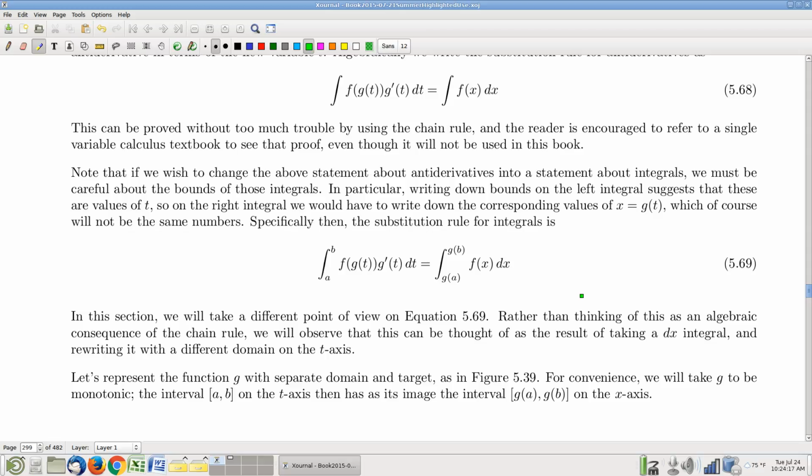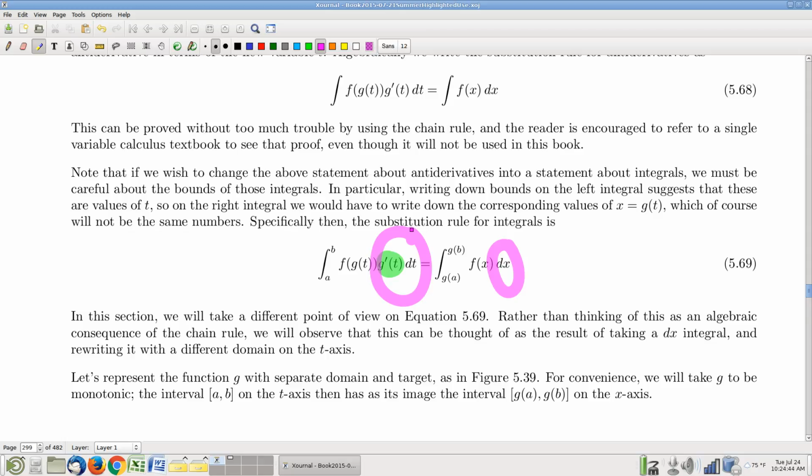Okay, so said differently, I can think of this g prime here as what I like to call a stretching factor. So I had this dx. I needed to rewrite dx in terms of dt. dx and dt are not the same size, right? I mean, absolutely, you can see it in the picture. I mean, g contorts and stretches things out. But the factor by which dt gets stretched out to make dx, that factor is a known thing, namely the derivative.